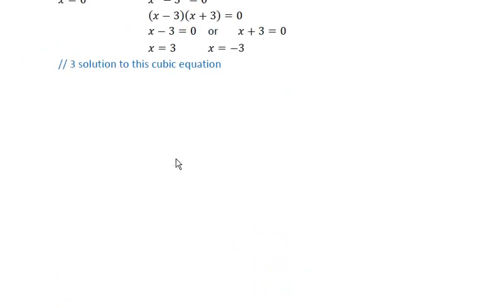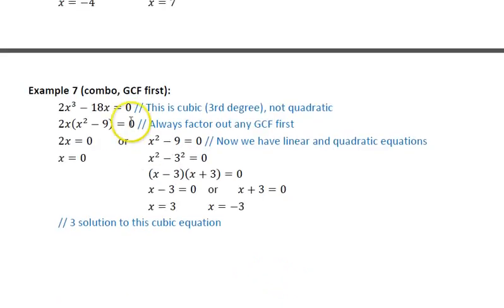Our last example is a combination, and it's also not quadratic to begin with, but we can solve it by using what we've learned, using factoring. So we're going to take out a GCF first. The GCF of the left-hand side is 2x, leaving us with x squared minus 9 equals 0. Now we have a product. We apply the zero factor property.